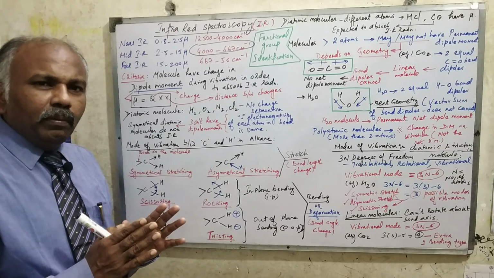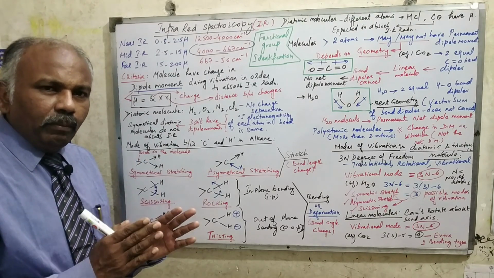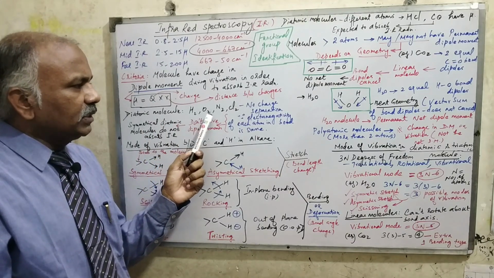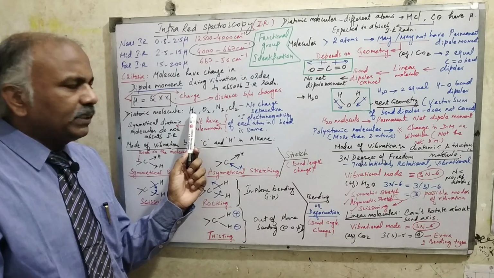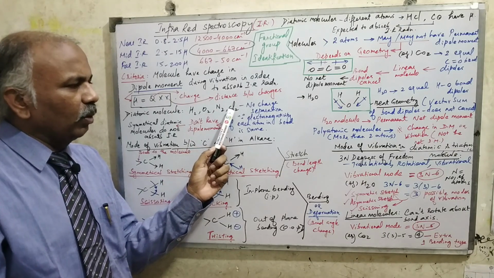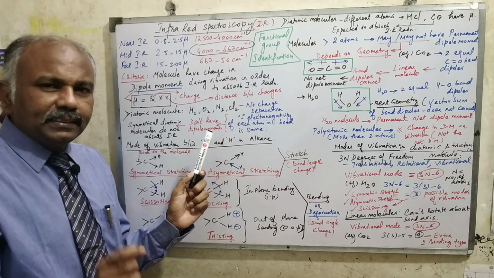So this dipole moment will be different for different types of molecules. For example, if you take a diatomic molecule such as hydrogen, oxygen, nitrogen, chlorine, they have the same type of atom, hydrogen with hydrogen, oxygen with oxygen, nitrogen with nitrogen, chlorine with chlorine, right? So there is a symmetry here.